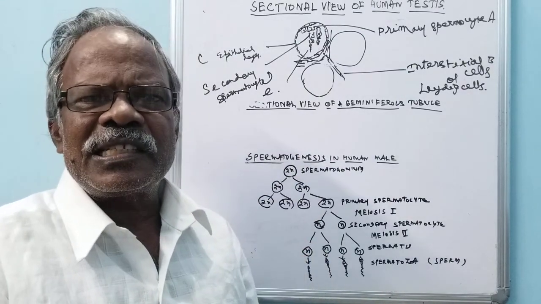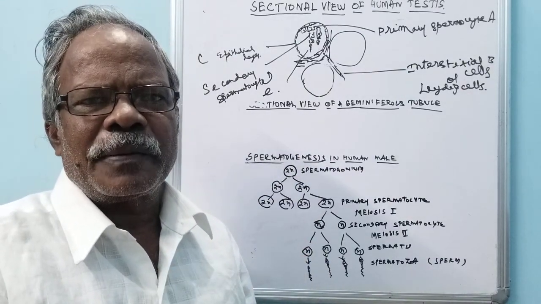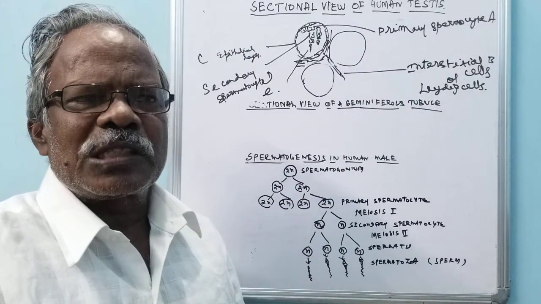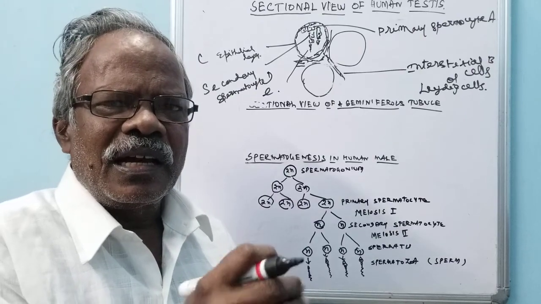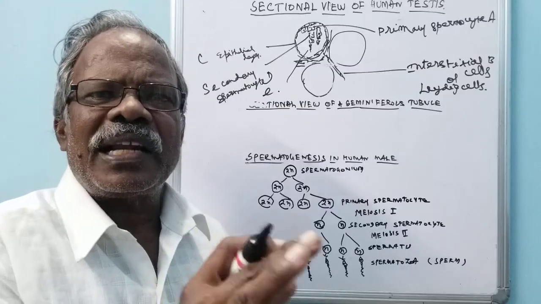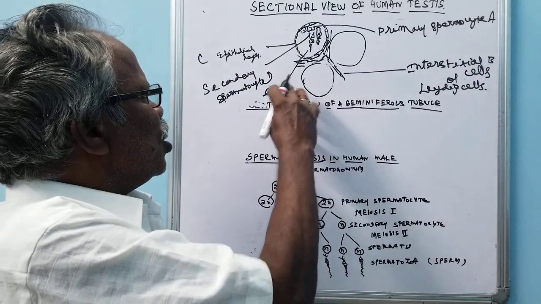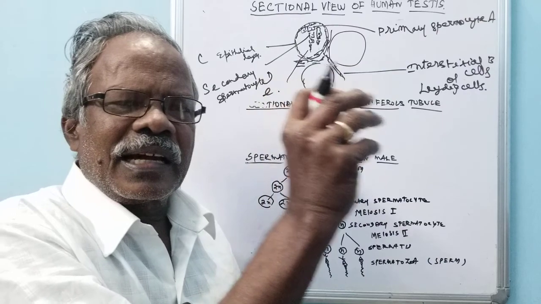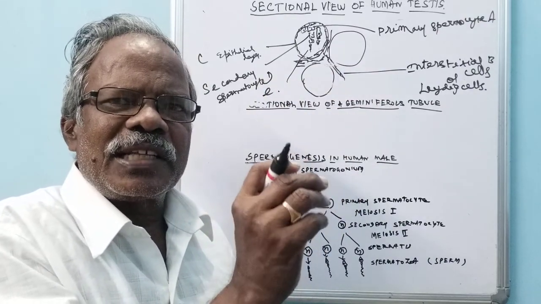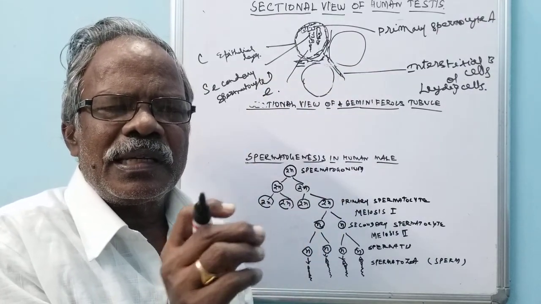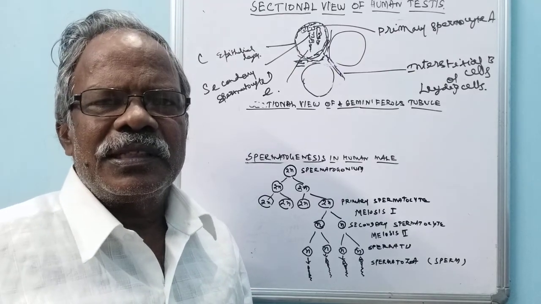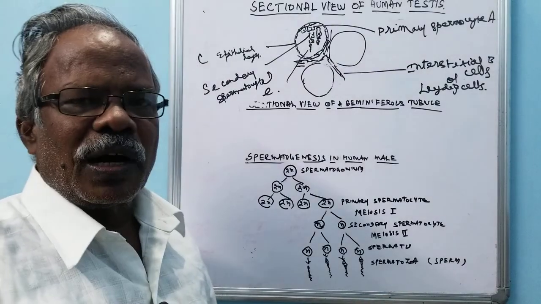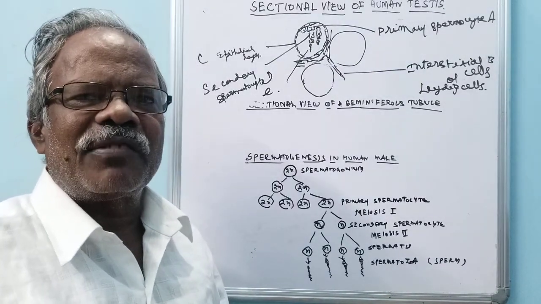That is the last stage of the sperm formation. Before that, it is always called spermatids, which are without the tail. The spermatozoa consist of the head with nucleus and acrosome, middle piece, and then tail. In spermatids we cannot find the tail.